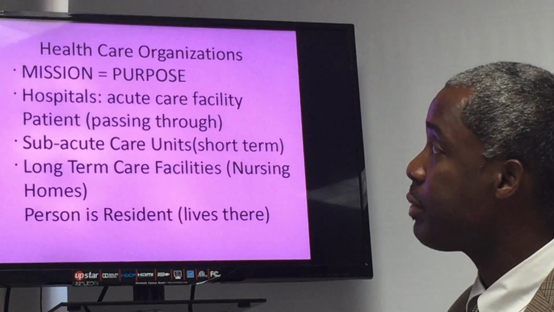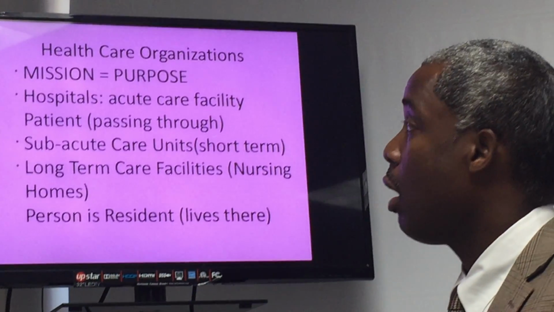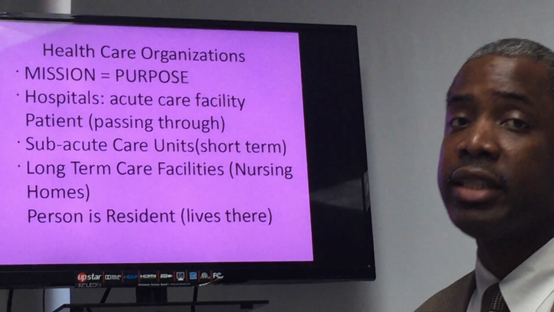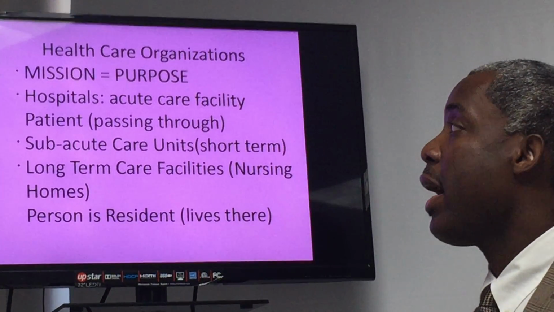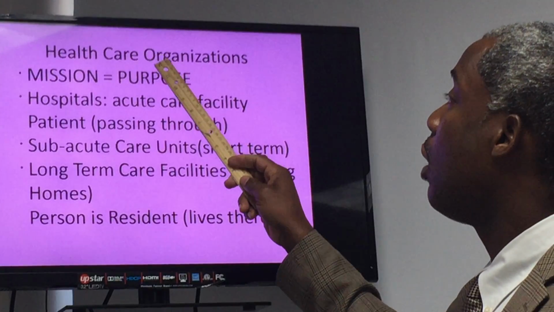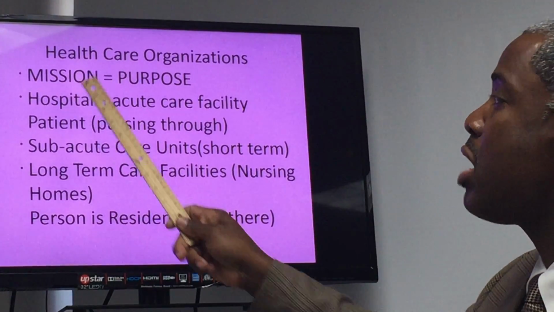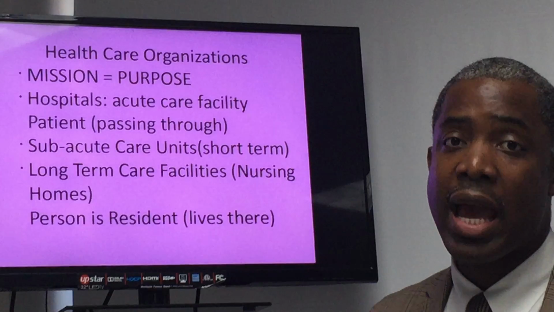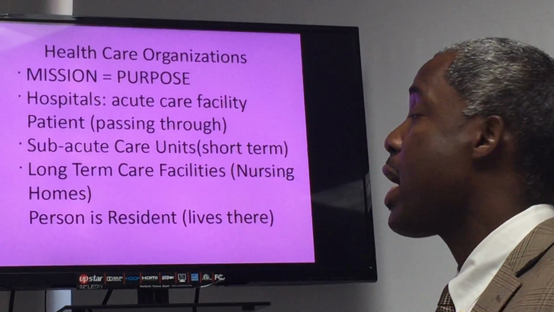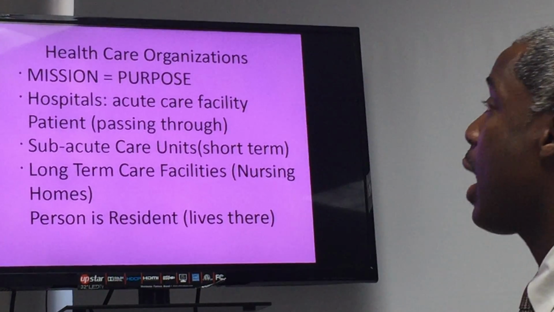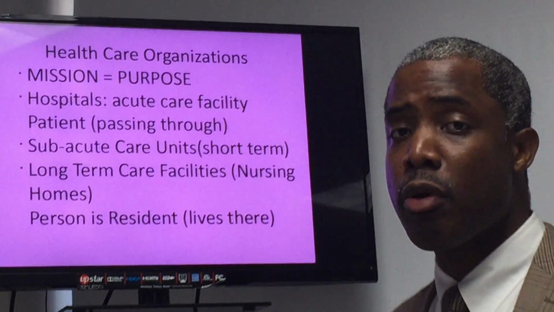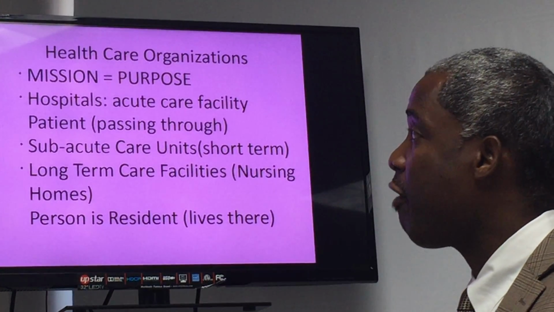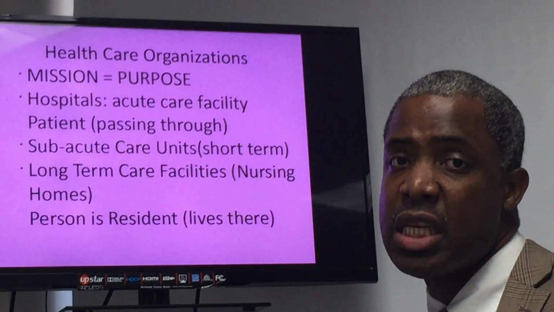You have different types of healthcare organizations, okay? Basically, that means there are different places providing healthcare, and each organization has its own mission, its own purpose, its own reason for being around, okay? And they all do provide patient care. However, they have specialties.